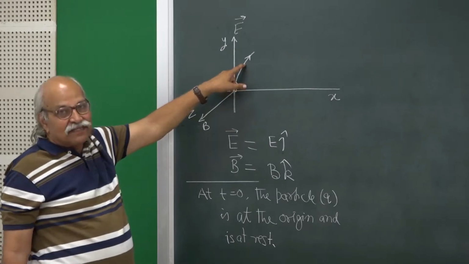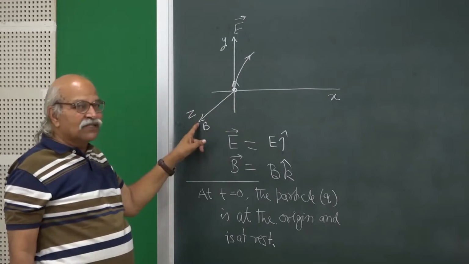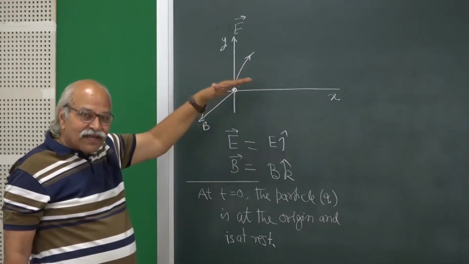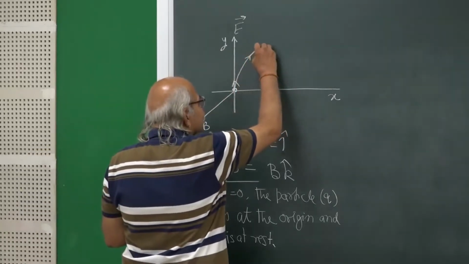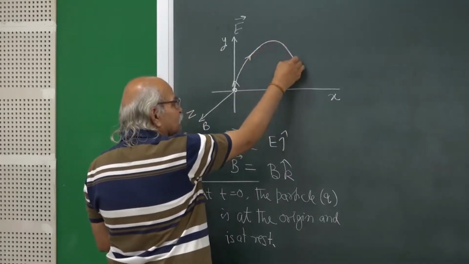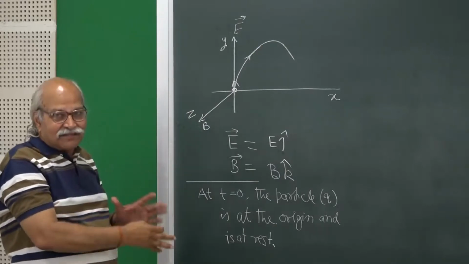So, the kinetic energy will increase, and if the speed increases, the magnetic force changes, and therefore the curvature will change, and maybe at a certain instant the deflection because of the magnetic field is such that it makes a turn. So, this kind of motion is expected.